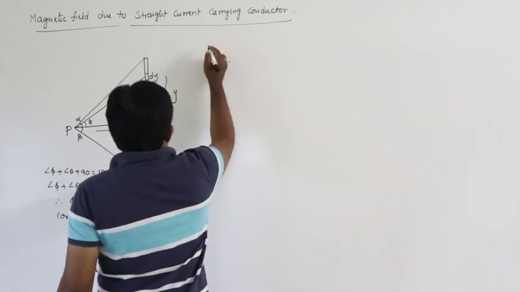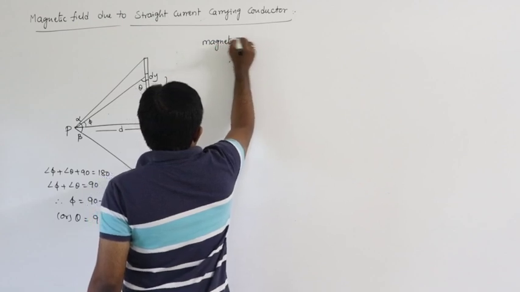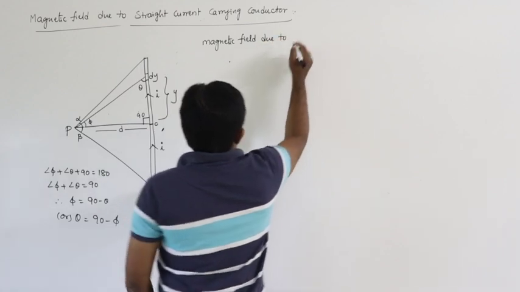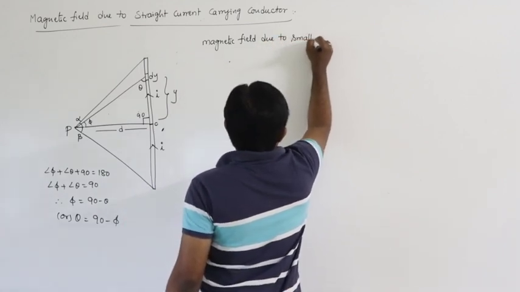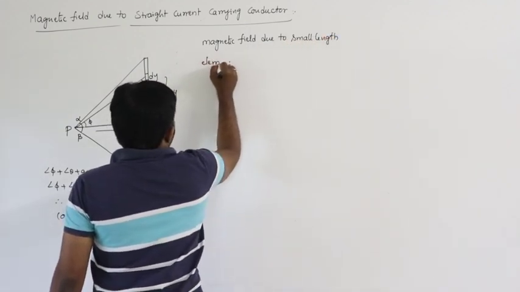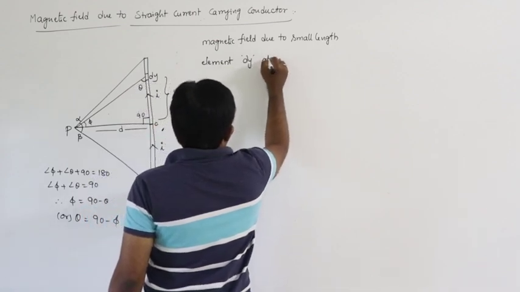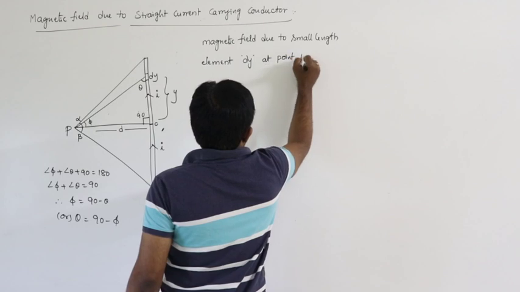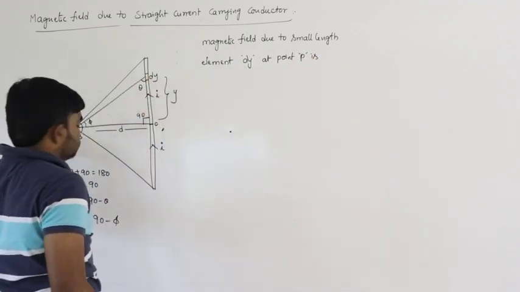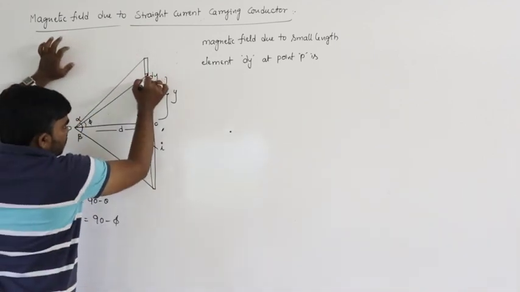So now, the magnetic field due to the small length element dy at point P. Here dy is the small length element I am considering.